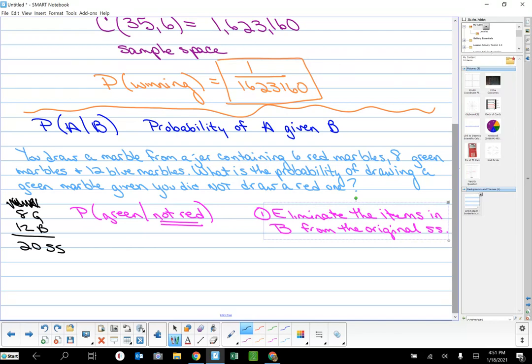So let's see. Now, step 2, you are going to find the probability of just the event A happening from the remaining sample space.